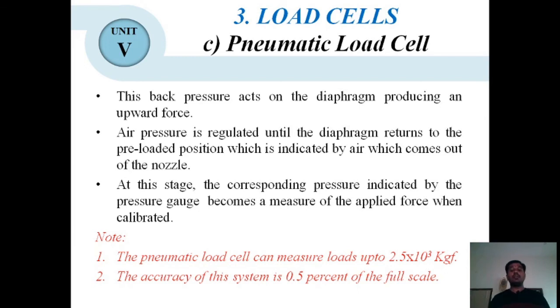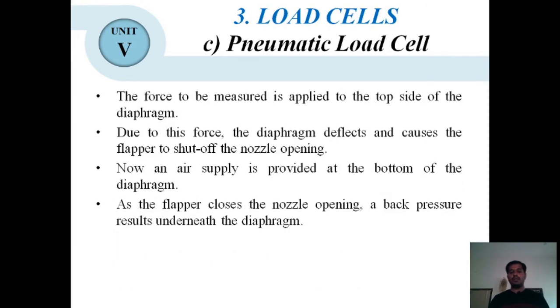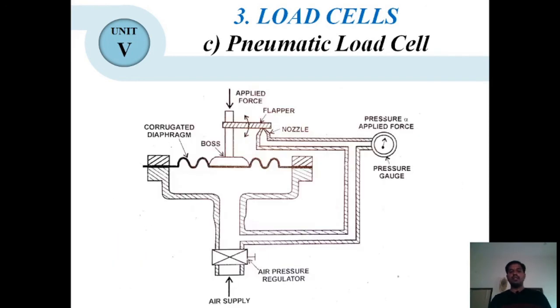It is the position at which the air comes through the flapper. This flapper will have some opening here. We will regulate this air pressure in such a way that a little amount of air will come through this nozzle opening.